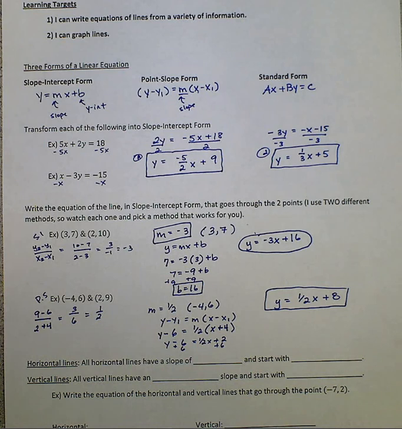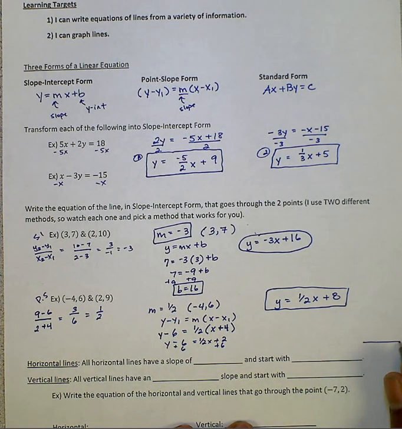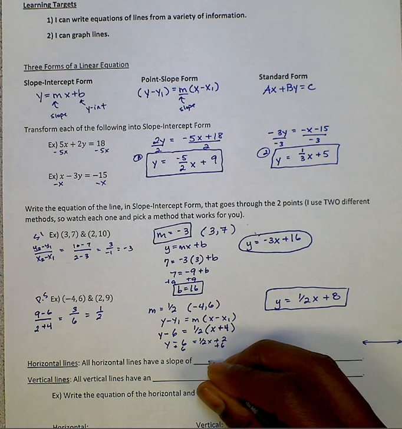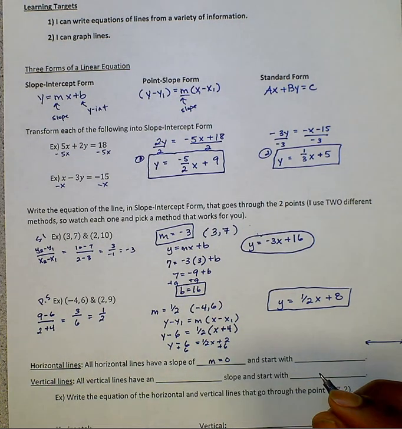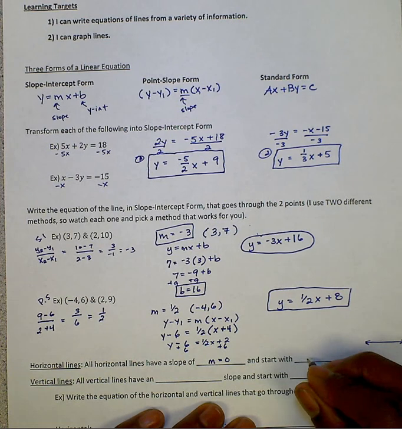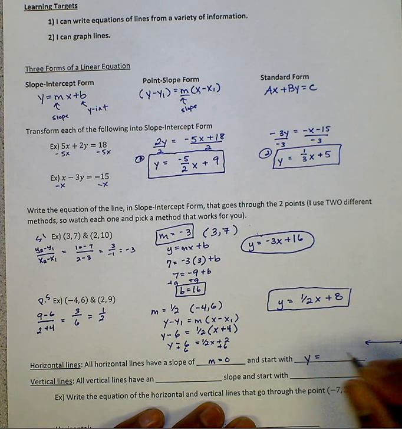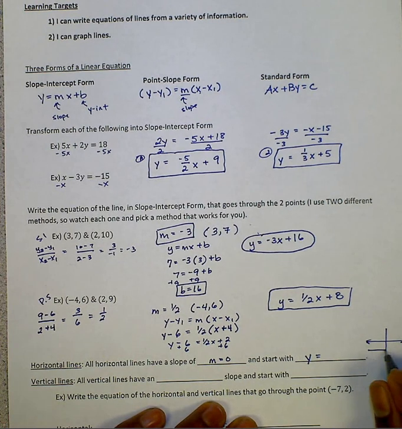Okay. Horizontal lines, like this. They all have a slope of 0. And they all start with y equals. So on a graph, you just have that horizontal line.